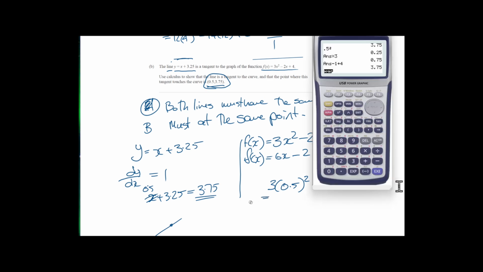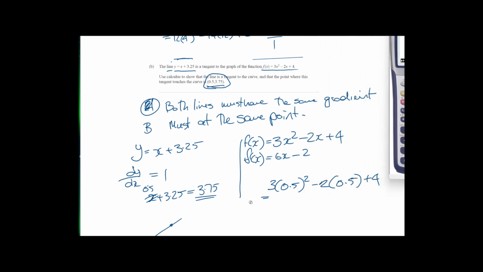Let's grab our trusty calculator. -0.5 squared is 0.25. Times that by 3, we get 0.75. Minus 2 times -half is plus 1, plus 4.